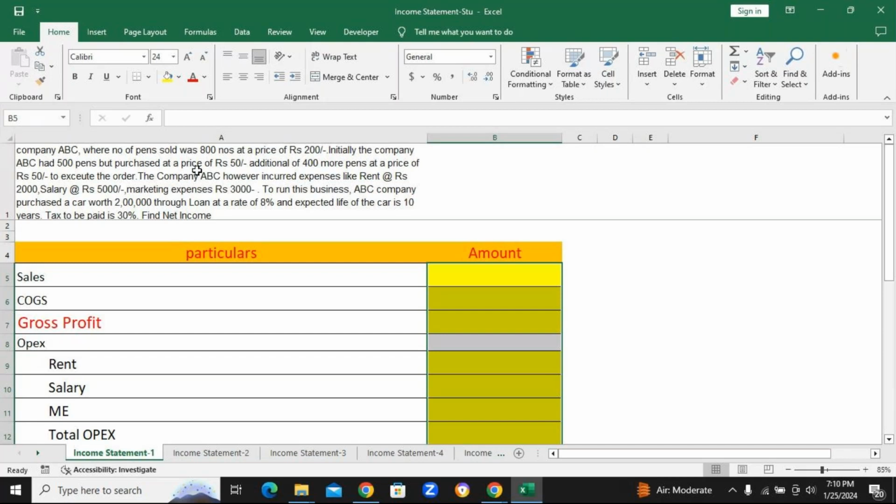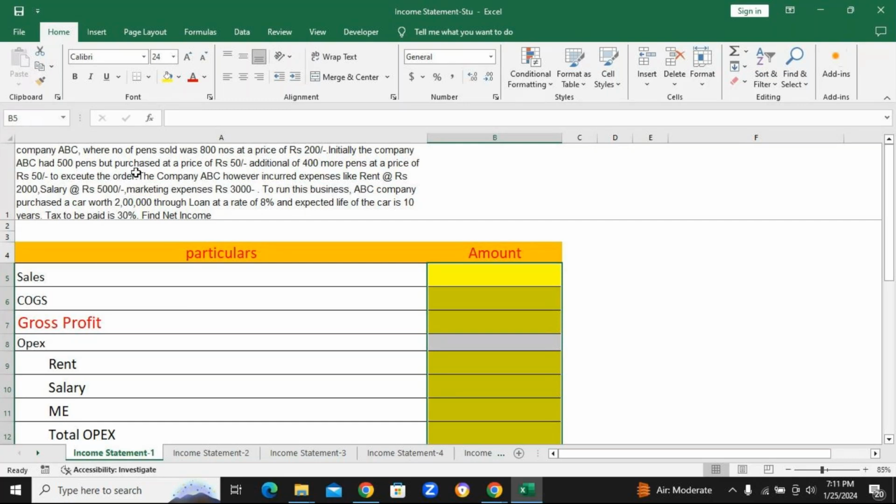Initially, the company had 500 pens which I had bought for 50 rupees. Additionally, I have bought 400, so totally I have bought 900 pens at the cost of 50 rupees to execute the order.